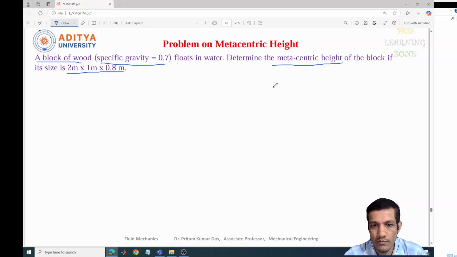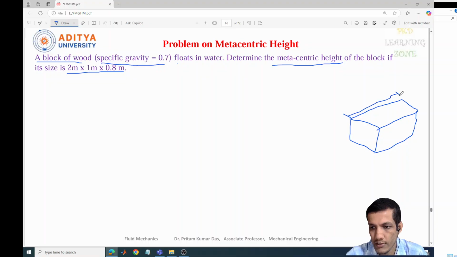Let's draw the block. The length of this object we consider 2 meter, this is the width, and this is the height of the object, which is given as 0.8, the depth is 1 meter, and the length of the object will be 2 meter.